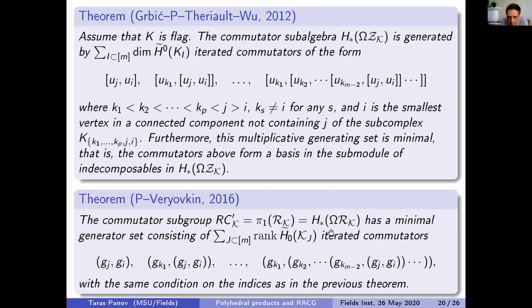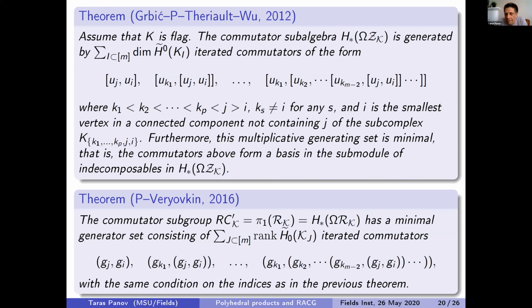But if you drop this one, then you don't have to say that K is flag. So anyway, you still have this minimal set of generators, with exactly the same formula, but now you take group commutators. I put round brackets instead of square. Square brackets are Lie commutators and round brackets are group commutators. So it's exactly the same formula and the same sort of procedure for picking up nested commutators.